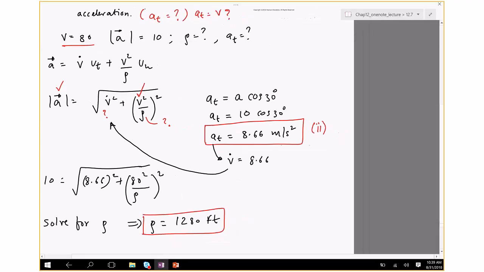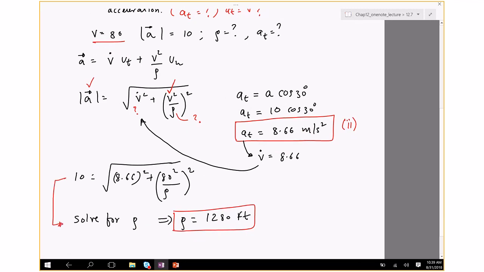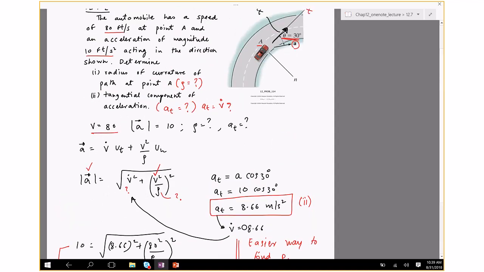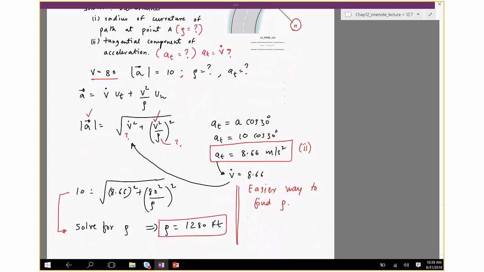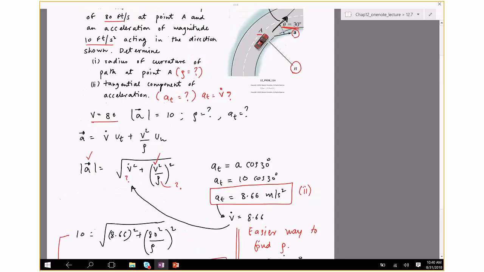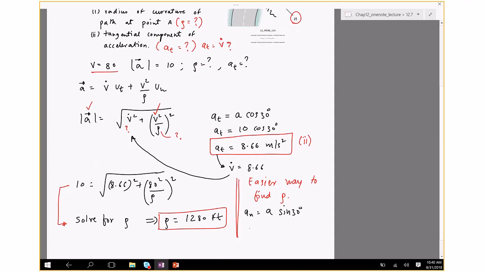Okay, if this was very complicated, here's an easier way to find rho. We've used AT, but we've not used AN. AN is simply A sine 30 degrees, right? Because this is the component in the n direction, sine 30. So AN is v squared divided by rho. A is 10 times sine 30.